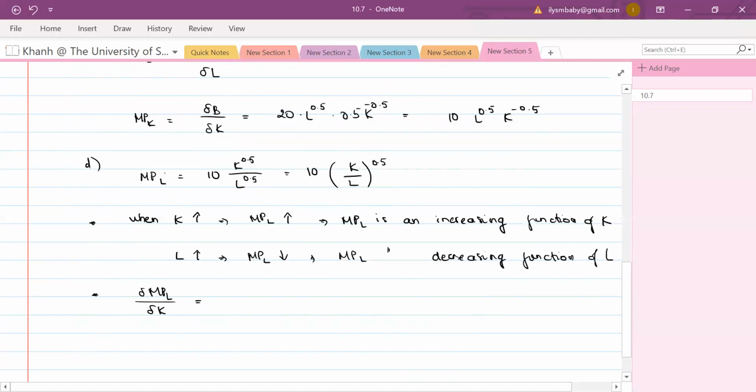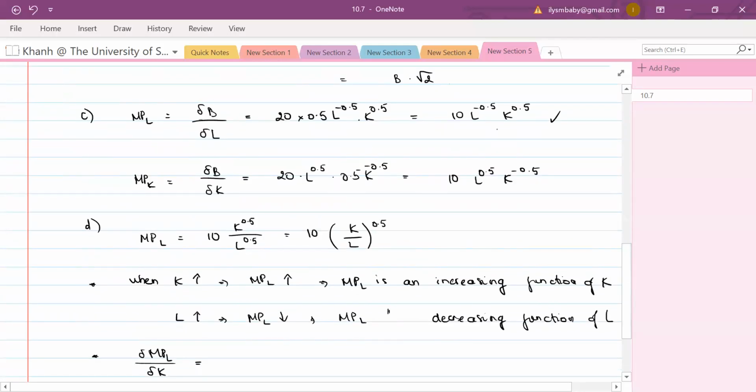So if I differentiate the marginal product of labor over here with respect to K, the easiest way is to keep it in this form when you differentiate. I'm treating L as constant, so 10 L to the negative 0.5 remains the same. And if I differentiate with respect to K, I get 0.5 K to the power negative 0.5.